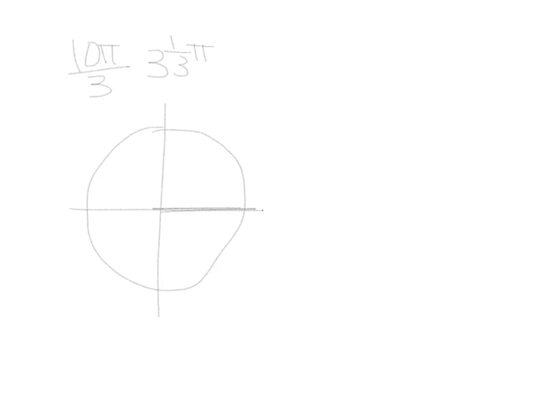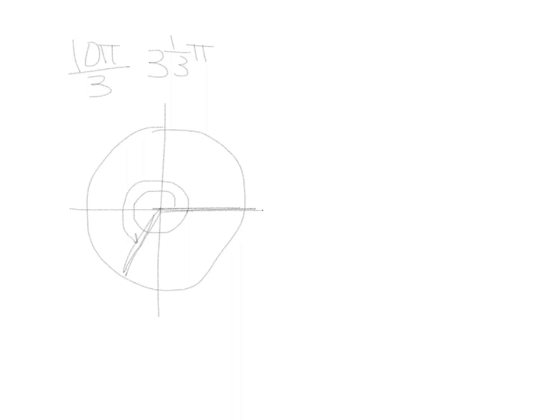Now count that around in a positive direction. Go halfway around is 1 pi, come back to where you started is 2 pi, come back around 3 pi and 1/3. So that would put our angle about here. We would draw that 1, 2, 3 pi.